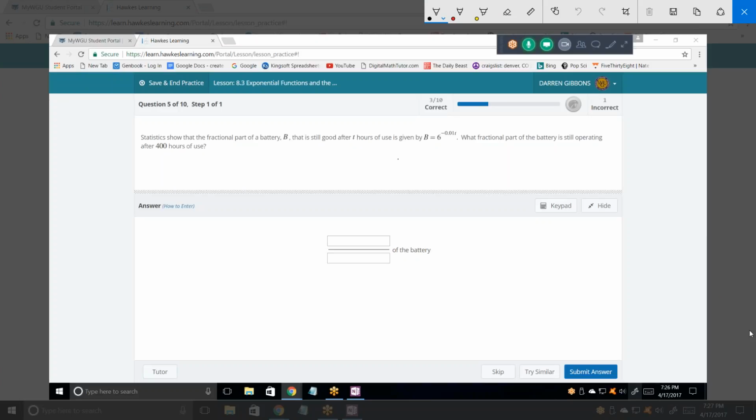So B is going to be 6 to the minus 0.01 times 400, which is the same as 6 to the minus 4th power.